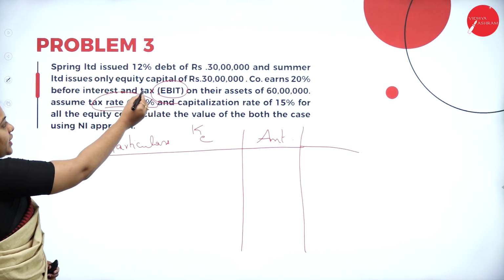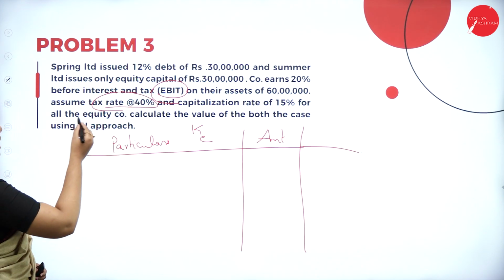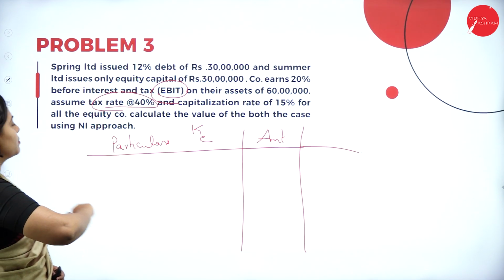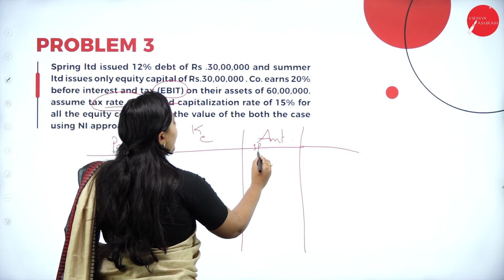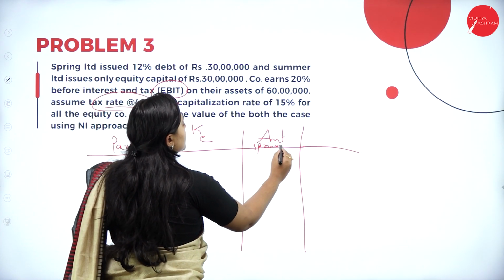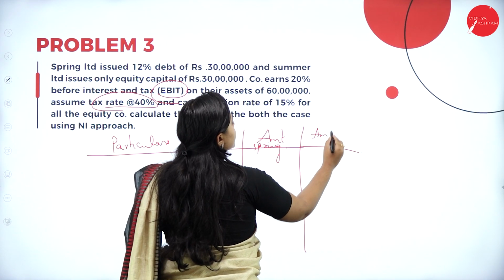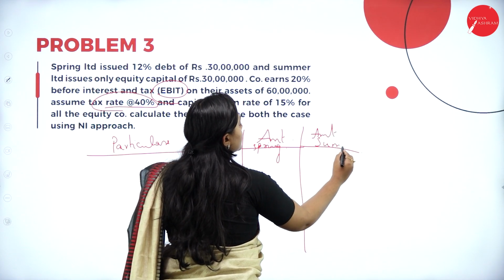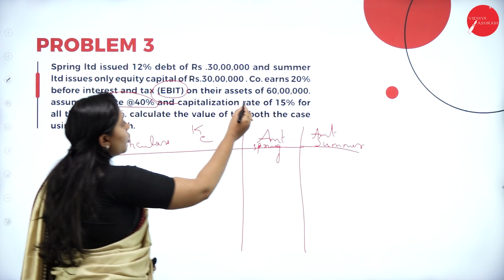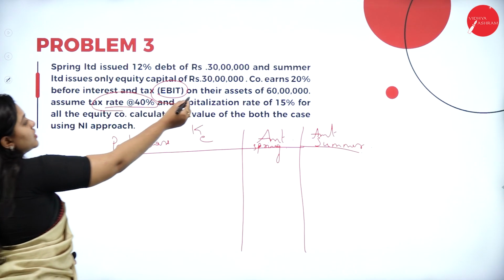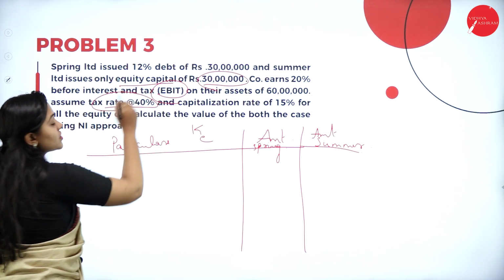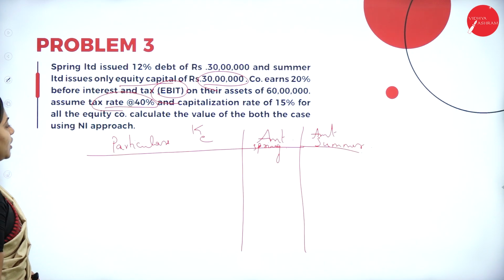So we'll be calculating for Summer Limited as well as your Spring Limited. So this is for Spring Limited, this is for your Summer Limited. So Summer Limited is using only what? Summer is using only 30 lakh equity share. So there is no debt capital used in the question.